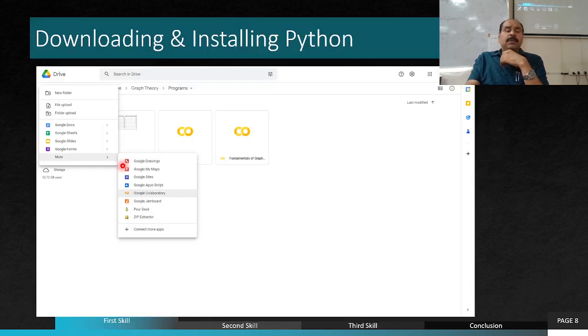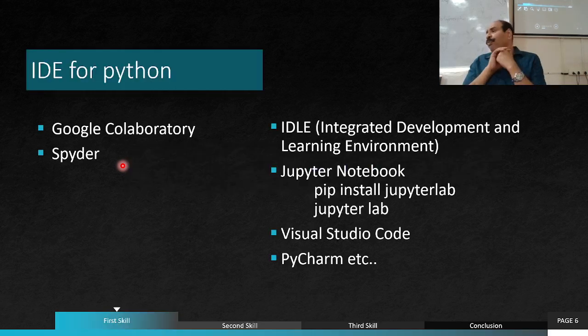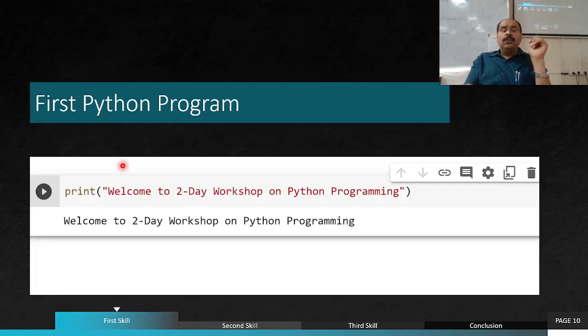So let me begin with our first program. First of all, I will be writing the first Python program using Google Colab. I want you to do this program along with me as I am doing it, so that you can understand what Google Colab is. So this is the first Python program which I am going to implement. For that, please follow along with me.